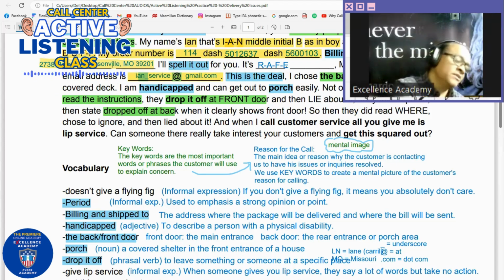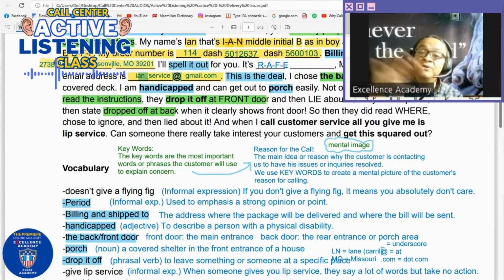So the driver sends a photo and says, okay, I delivered the package to Ian at the back door, but the photograph is really a photo of the front door. That's what he's trying to explain. So then they read where, chose to ignore, and then they lied about it. So the customer provided instructions, so they know where. The driver knows exactly where, but the drivers ignore.